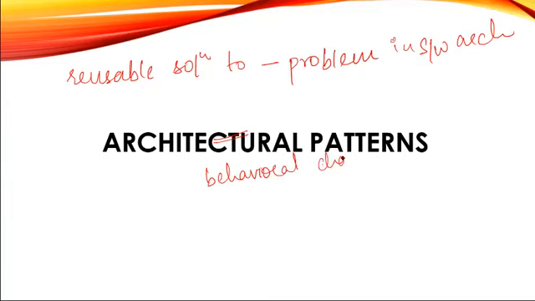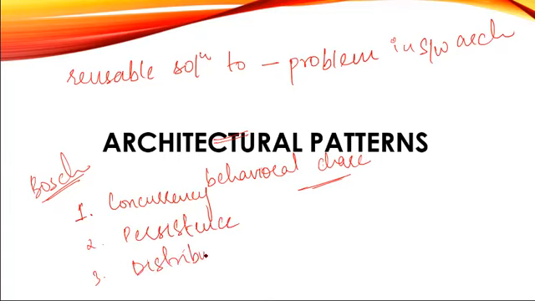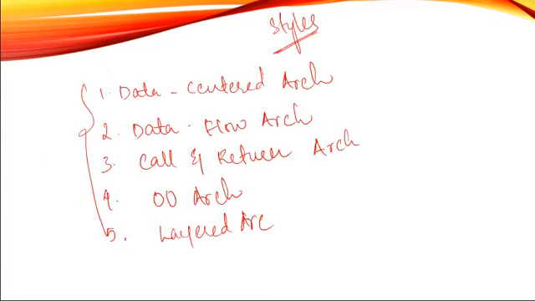Now, a few architectural patterns are defined by a person named Bosch. 3 architectural patterns are there: concurrency, persistence, and distribution. So in styles, we have studied 5 different styles, and in patterns, we're studying 3 different patterns that were defined by the person named Bosch.